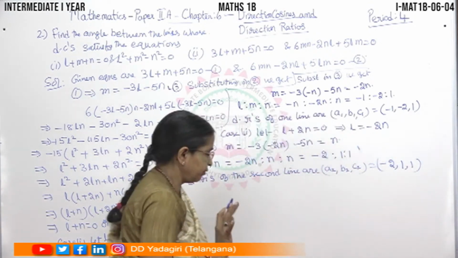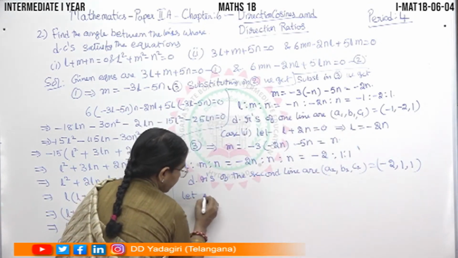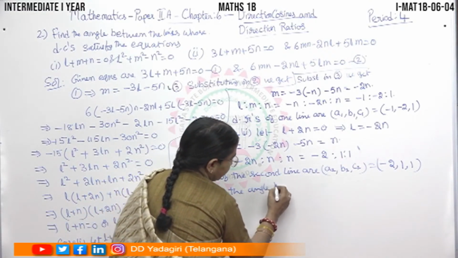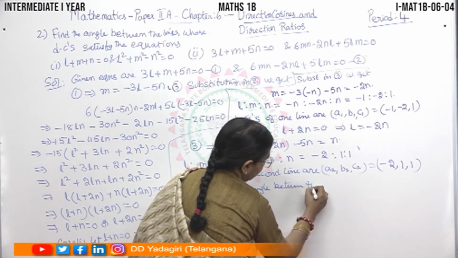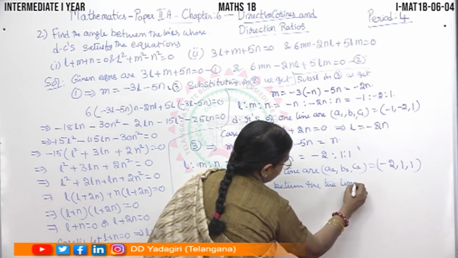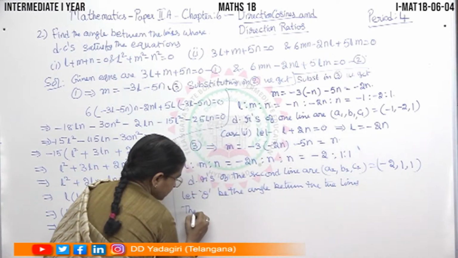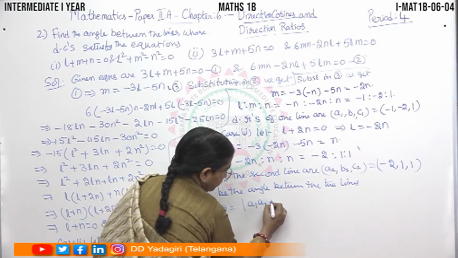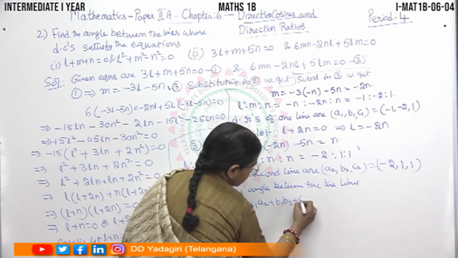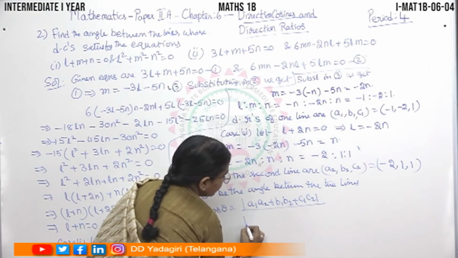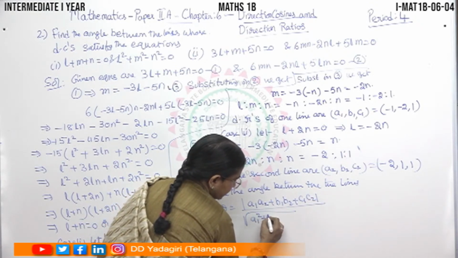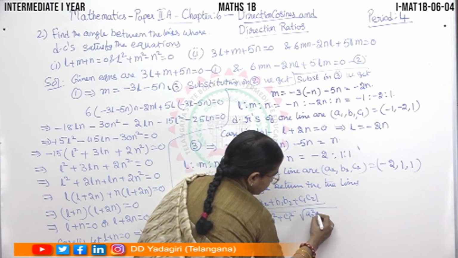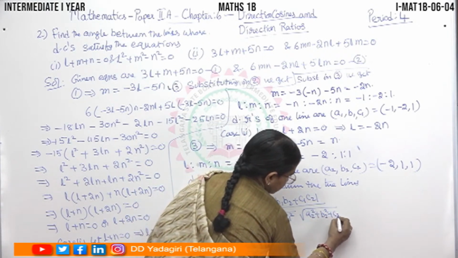Now we'll take, let theta be the angle between the two lines. Then cos theta is equal to, you know the formula, mod of A1 A2 plus B1 B2 plus C1 C2 by root of A1 square plus B1 square plus C1 square into root of A2 square plus B2 square plus C2 square.